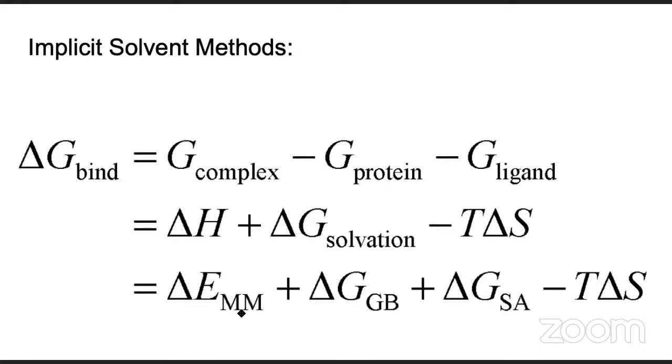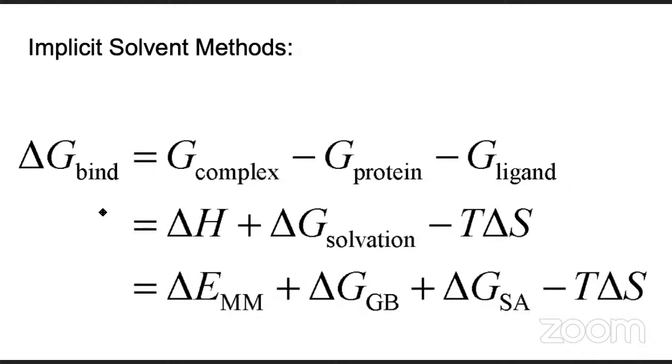MM basically stands for molecular mechanics. And this is where I would like to remind you that you will have to go back to the energy function that I showed you, where you will be looking at your molecular mechanics based energetic contributions, right? So you will have the non-bonded potential between your ligand and your protein.